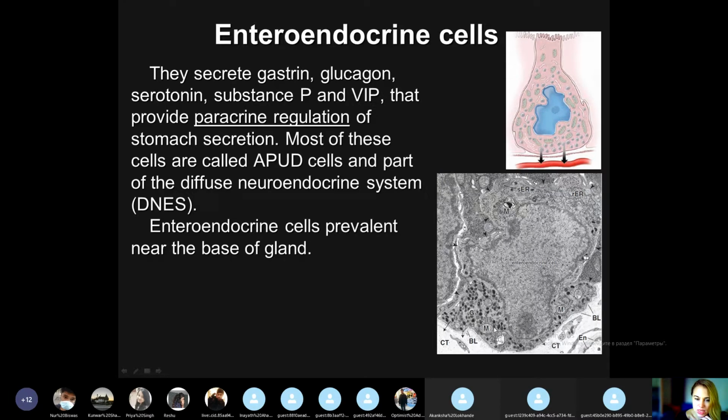We can see these black dots as the secretory granules of the enteroendocrine cells that contain numerous hormones, and as we can see here, they release their secrets to the blood capillaries. Over here we can see the fenestrated blood capillaries, which absorb these hormones.